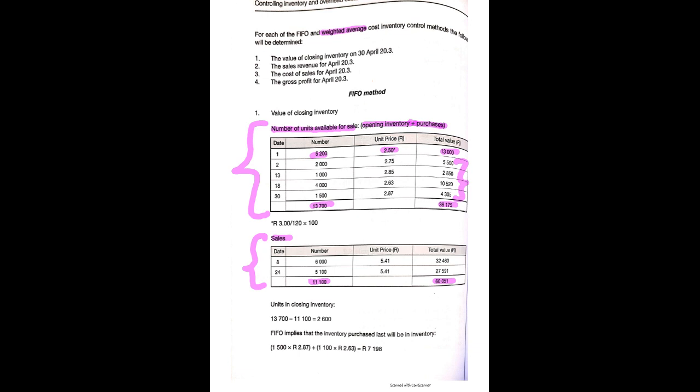So now that you have that, your first question was to determine the value of your closing inventory. How you'll calculate that is the first thing you'll do: take your total worth of your inventory, 36,175, divided by the number of units available to sell, 13,700, and that's going to give you your weighted price.